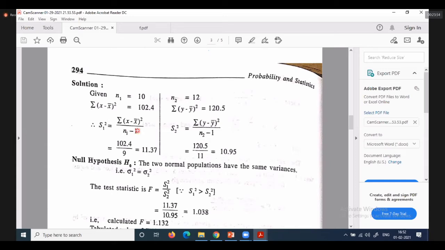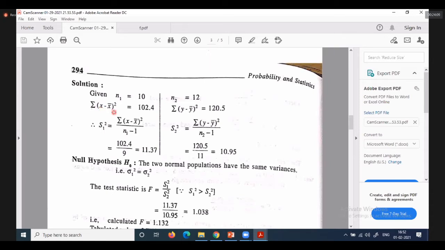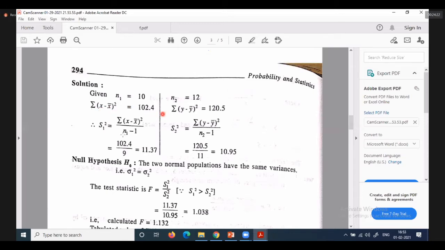The given data: n1 is equal to 10 and summation xi minus x bar whole square is equal to 102.4.